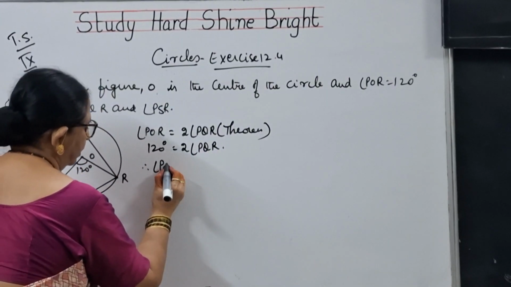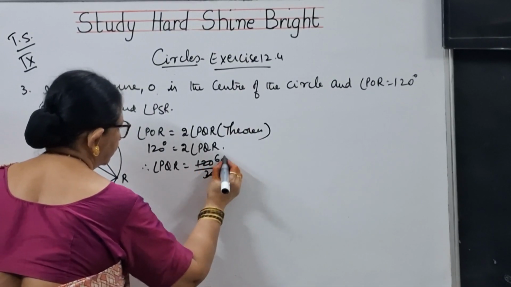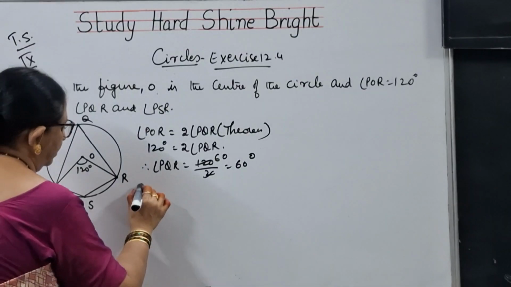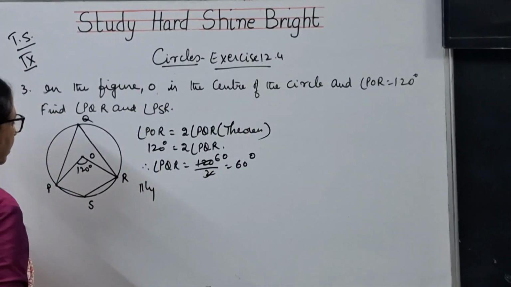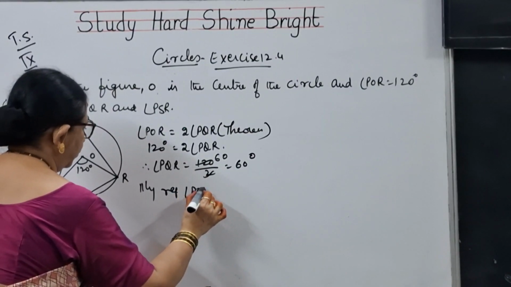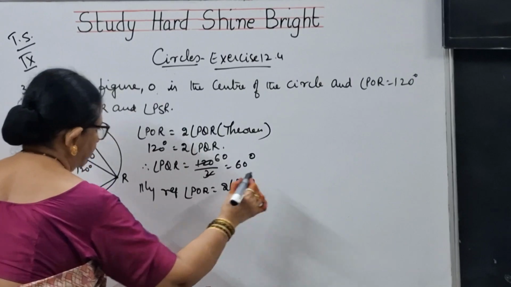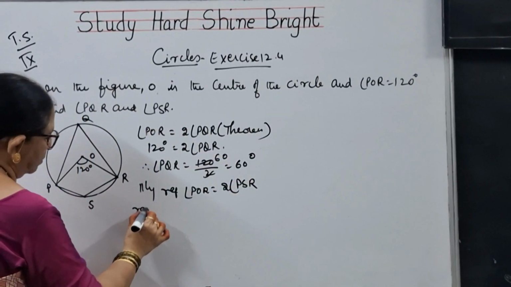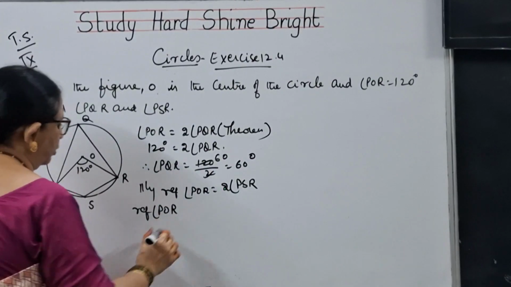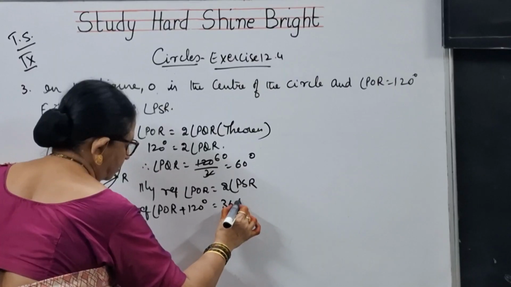Therefore, what is angle PQR? 120 by 2, 60 degrees. Similarly, we know that reflex angle POR is equal to 2 times of angle PSR. What is reflex angle POR? We know that reflex angle POR plus 120 degrees is 360 degrees.